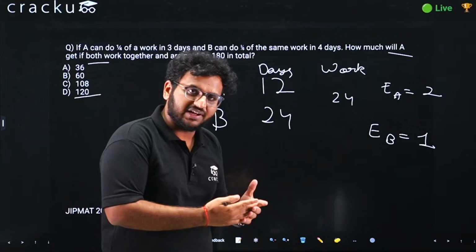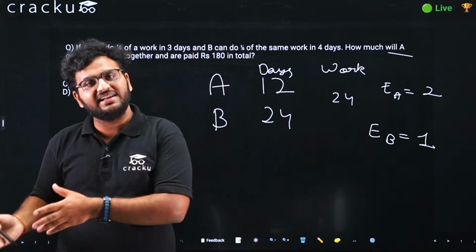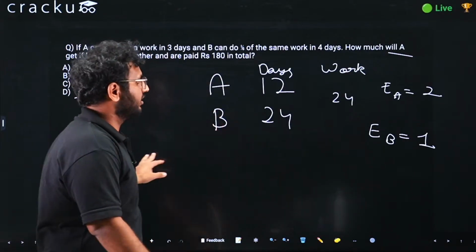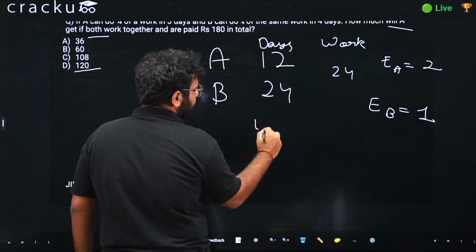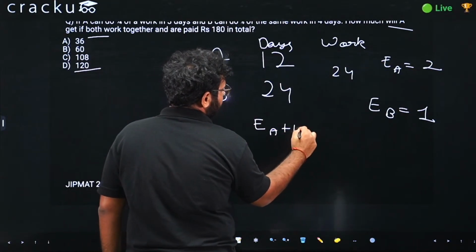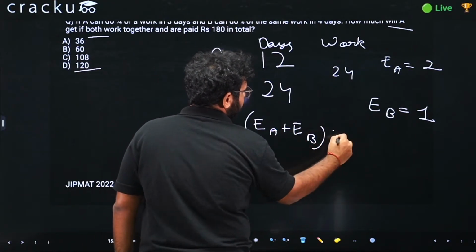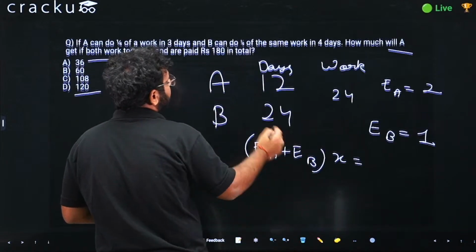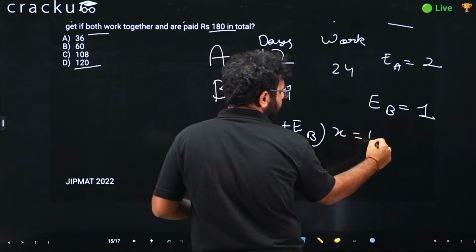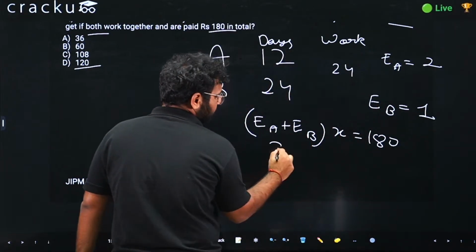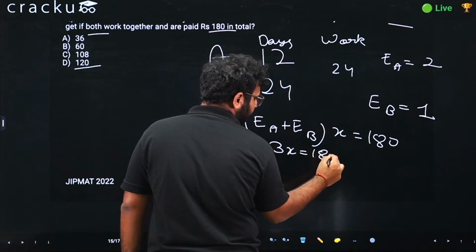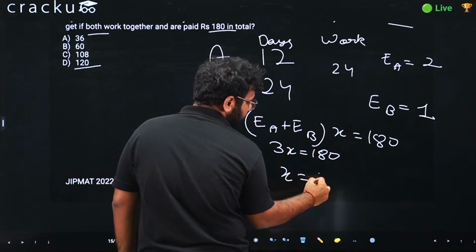So if I do more work, I will be paid more. If I am doing less work, I will be paid less. Okay. So we got efficiency of A plus efficiency of B into x is equal to total sum, which is equal to what? 180. So 2 plus 1 is what? 3x equal to 180. So x will be equal to what? 60.